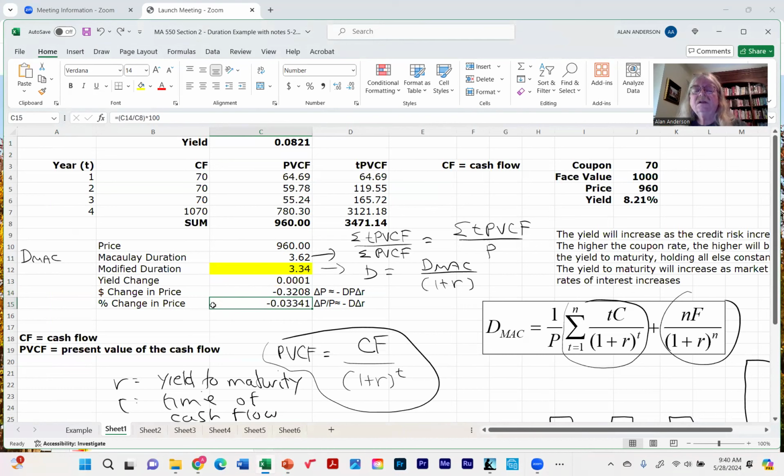Percentage-wise, that's about 0.0334, or 3.34 percent per 100 basis points. Now, with the percentage change, I've taken the absolute change, which is, if you notice here in the notation, listed as delta P. Okay, let me just put that over here. And then this percentage change in price would be this divided by the price.